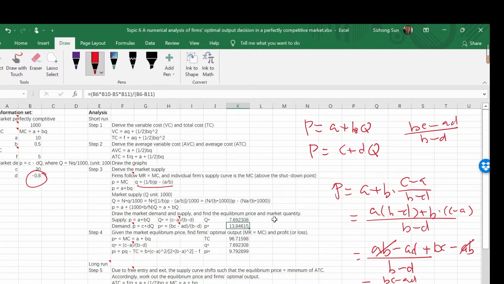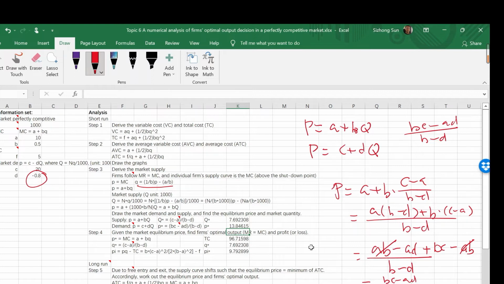So we say that the market equilibrium quantity is 7.692308. Similarly, given the values of A, B, C, D, we can evaluate the market equilibrium price, which is 13.85. All right, that's step 3.